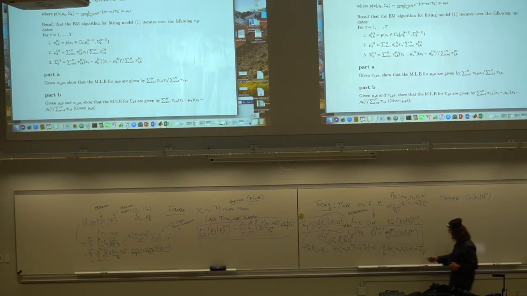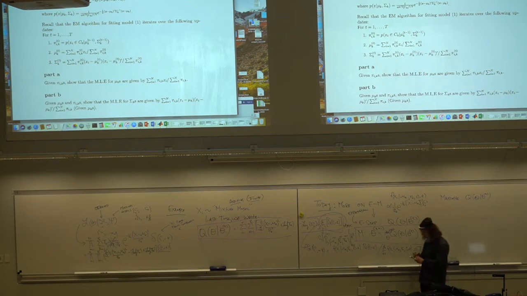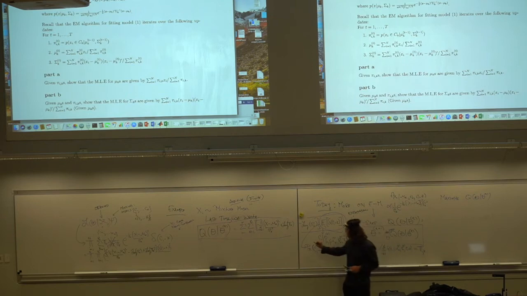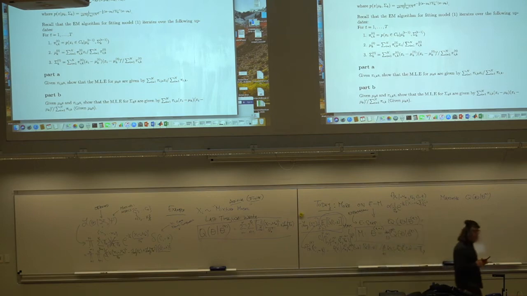So which mu k's, sigma k's am I plugging into this equation? I plug them in at the last iteration. So I might write down that this is at the t iteration. When we go through the proof in just a second, it will become clear to you what we've done.